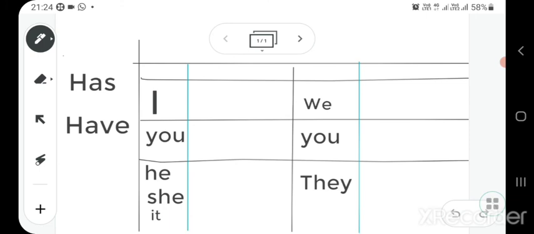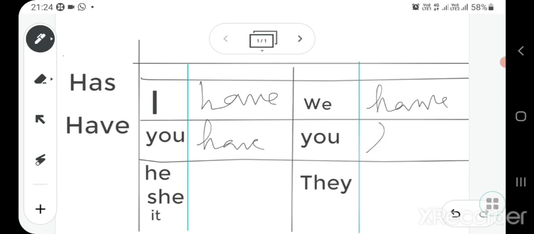If we have to use have, keep it in your mind that have will always be used here. I have, then again we have. You will be followed by a have, and again you in the plural will be followed by a have.